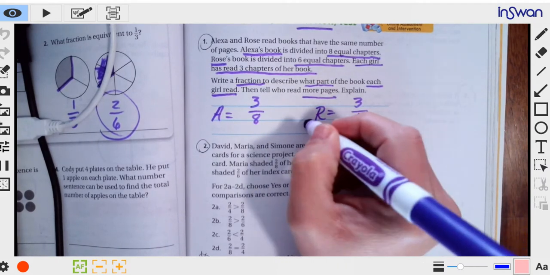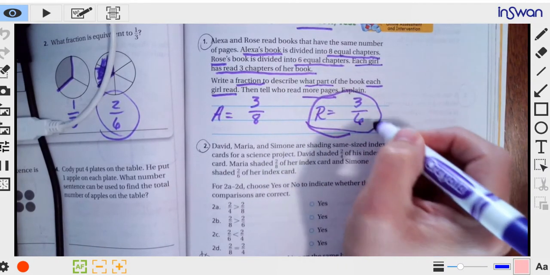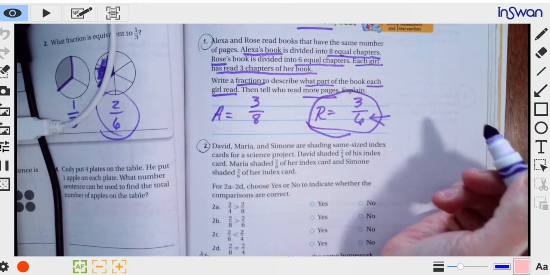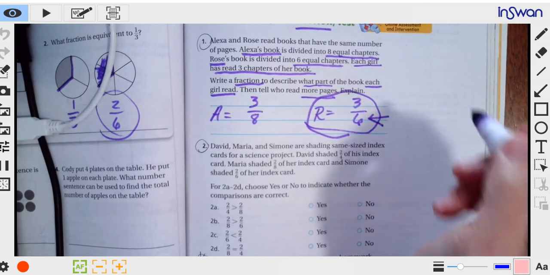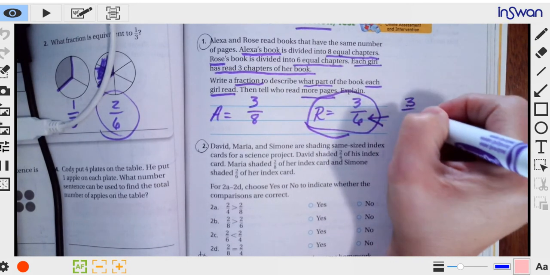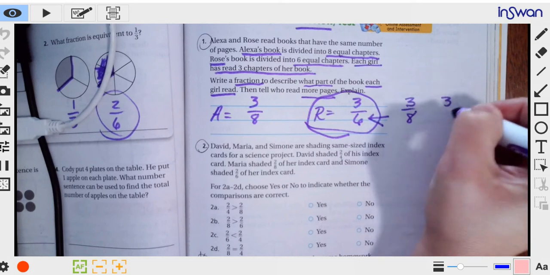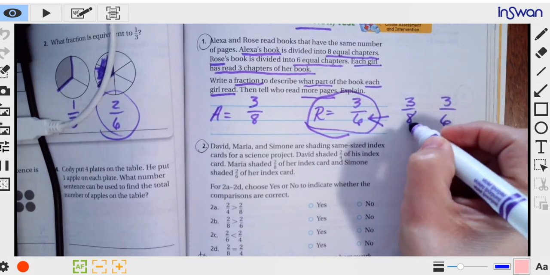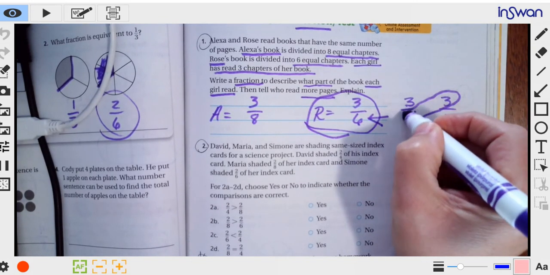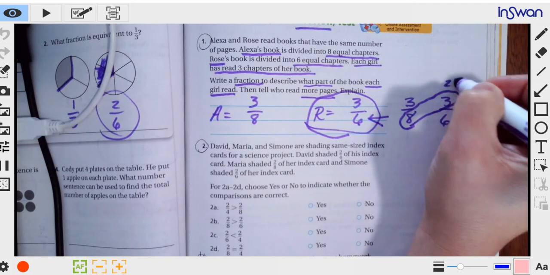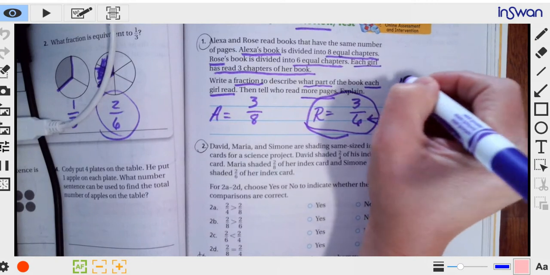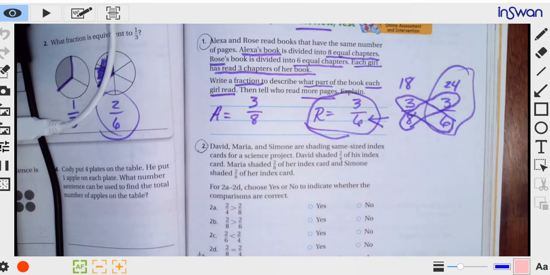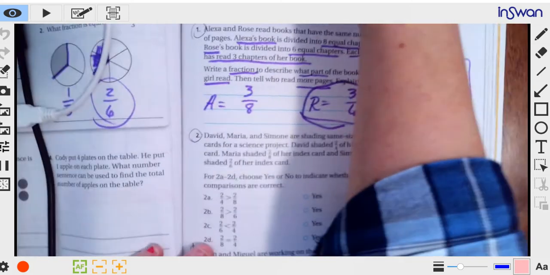It's going to be Rose, because the pieces, the chapters, are larger. You can also do 3 times 8 is 24, and 3 times 6 is 18. So this is the larger one. Okay? All right, here we go.